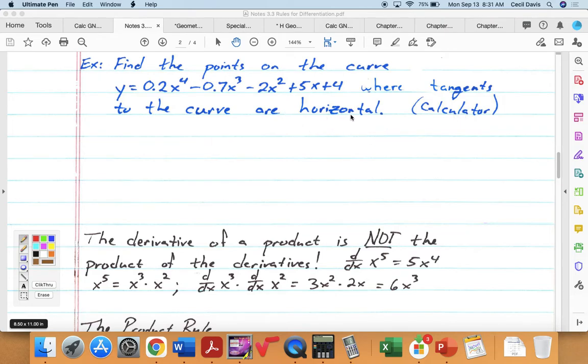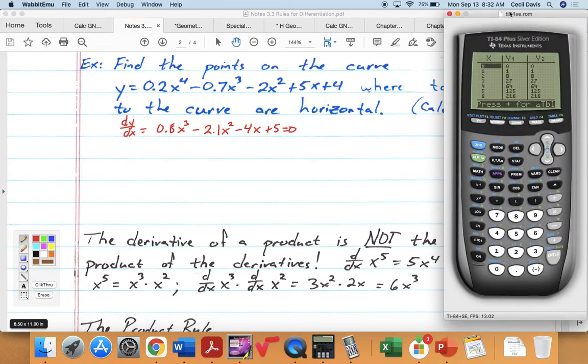So if I want horizontal tangent lines, I want to know where the derivative is equal to 0. So I've got to find the equation for the derivative. So this is going to be 0.8x cubed minus 2.1x squared minus 4x plus 5, and I want that to be equal to 0.